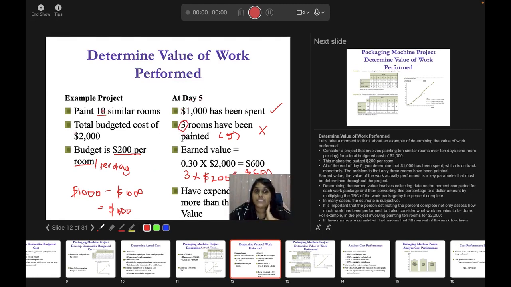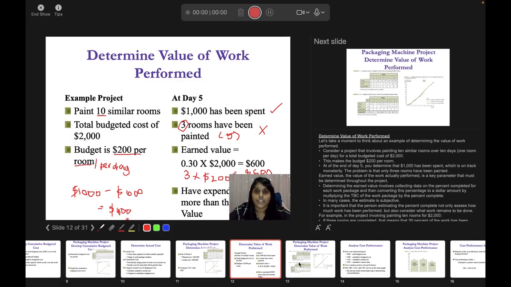Each room is each day. That means at day 5 you are supposed to paint 5 rooms, but you only managed to paint 3. That means this 3 times your 200 is supposed to be 600. You are only supposed to use earned value of $600, but you have used 1000. That means 1000 minus $600, you have exceeded your earned value by $400.